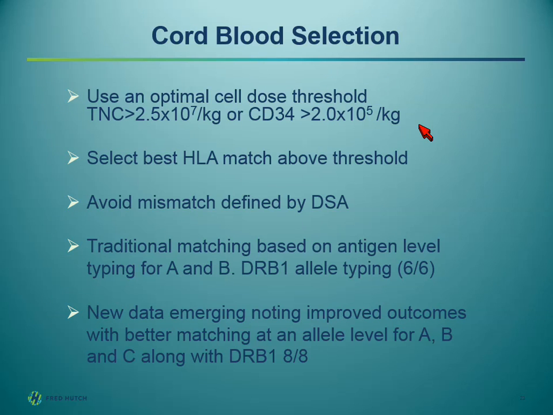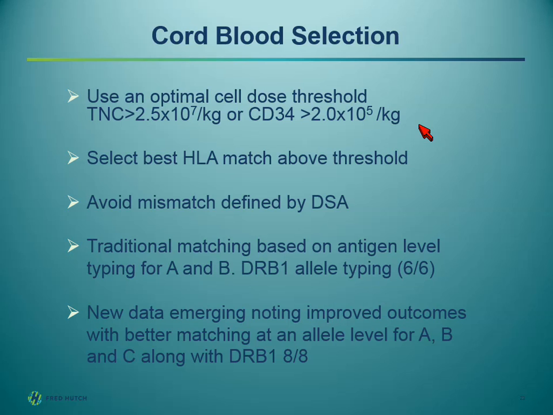And then, cord blood selection is the other thing. Make sure you don't have antibodies against your mismatch. And we're doing a lot of work now in Seattle. We've kind of abandoned the 6 of 6 model. We're moving to 8 of 8 allele typing and combining that with CD34.